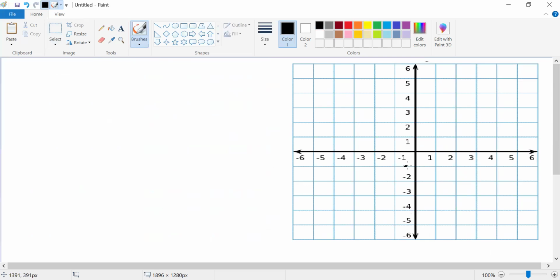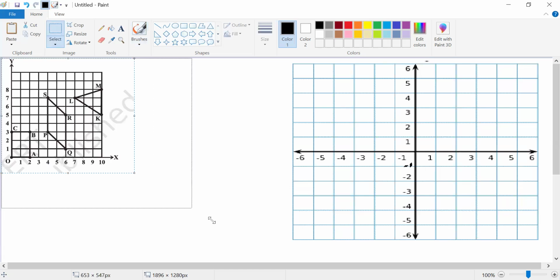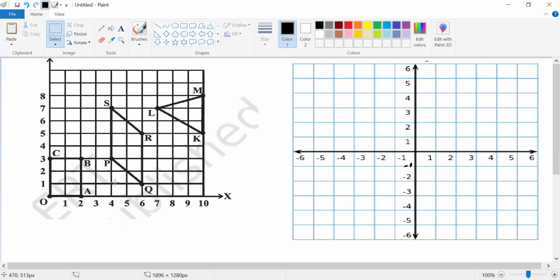This is -1 here. Now let us see some questions. Here in the figure, you can see some figures.